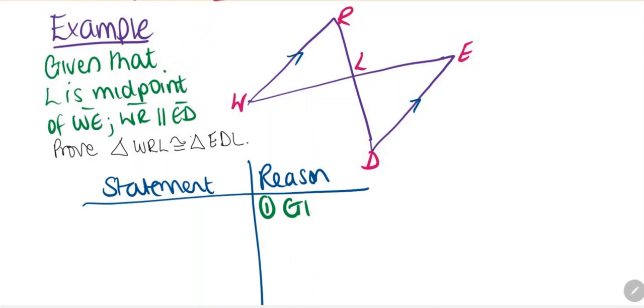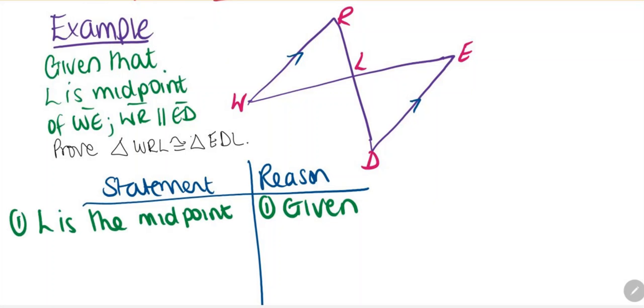We are given, number one, that L is the midpoint of line WE.